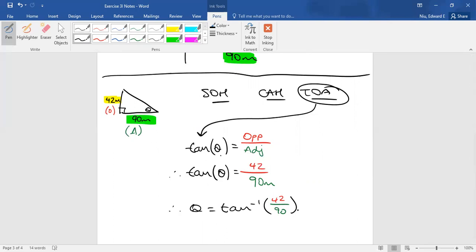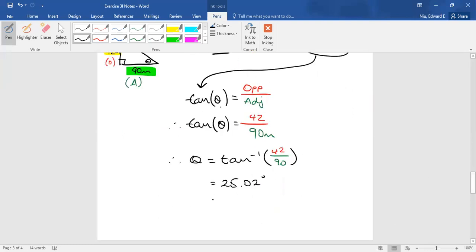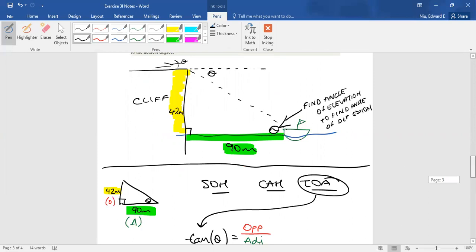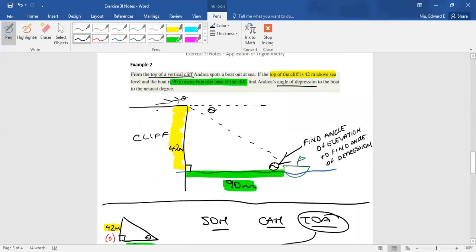So let's see what we get. Tan inverse, 42 on 90, shut the brackets, gets us 25.02. We're talking about angles here, which is degrees, which is equivalent to 25 degrees, because the question up the top, if you recall, says to the nearest degree.